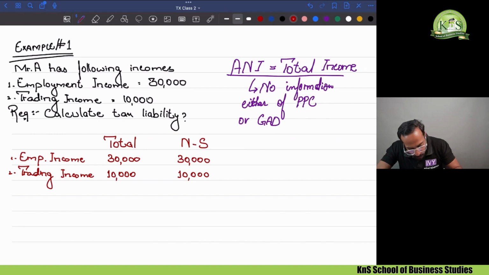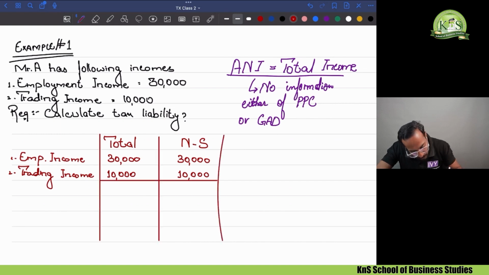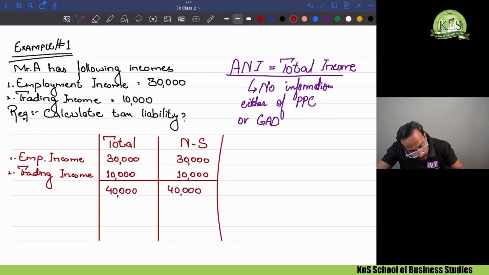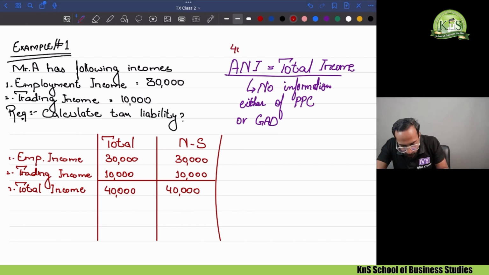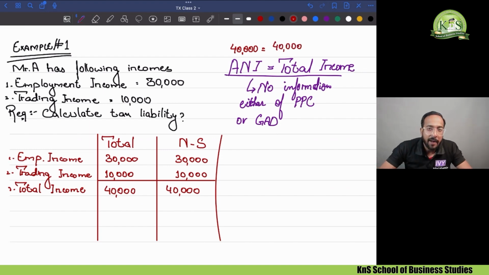Now you need to make a column, 40,000. That is your total income. In that case, my ANI is 40,000, because now my total income is equal to ANI.